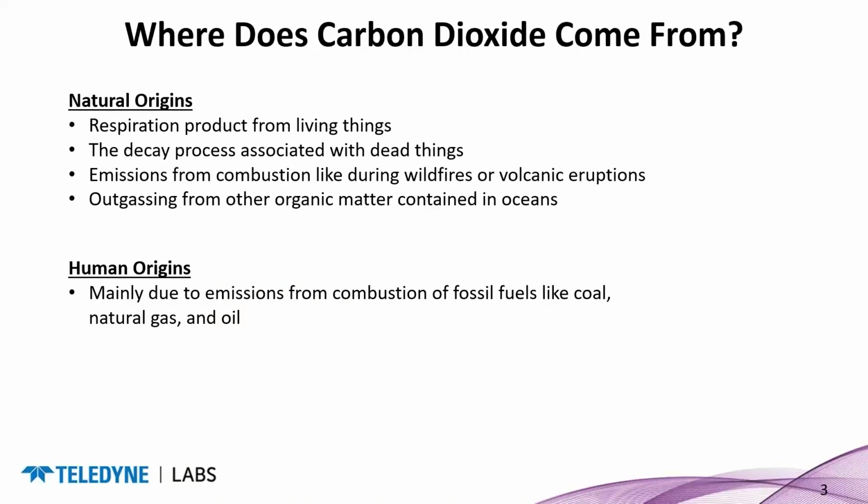So first of all, where does carbon dioxide come from? Obviously, there's natural origins to it. It's in our atmosphere that we live in, and it comes from a lot of processes. A big one being it's a respiration product from living things. So we are as humans breathing out CO2 in our breath, and when we breathe in, we're trying to breathe in oxygen, and then our body converts that during respiration.